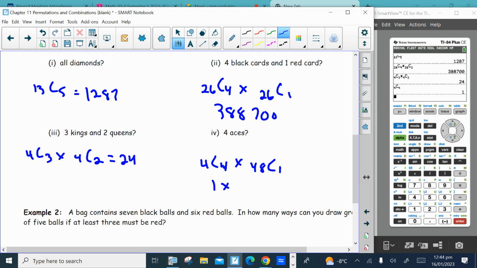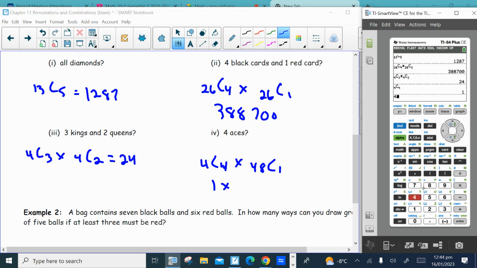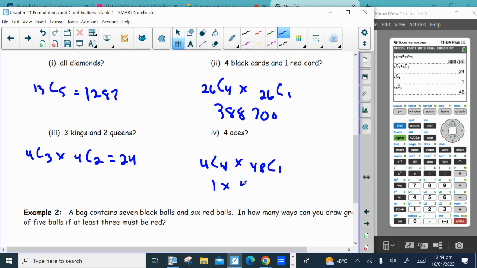There's only one way you can get all four aces. And that'll be multiplied by 48C1. Which is 48. So that gives us 48 different hands.